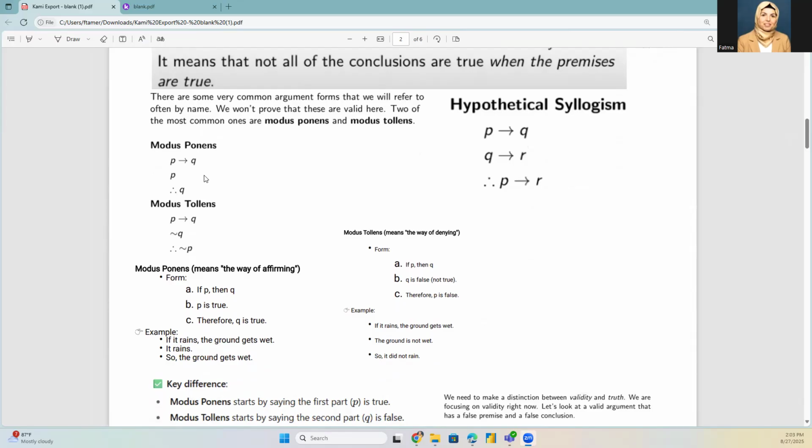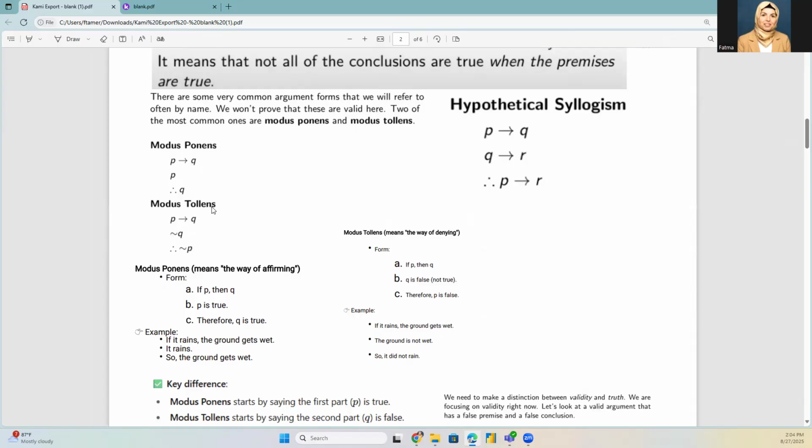The form is: if P then Q, P, therefore Q. The form is always if P then Q, then P is true, therefore Q is true. To explain this with a real life sentence, the first premise is: if it rains, the ground gets wet. It rains, so the ground gets wet. This is an example of modus ponens, which is a way of affirming.